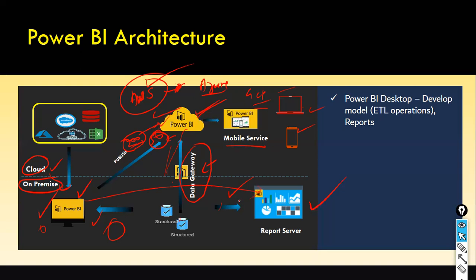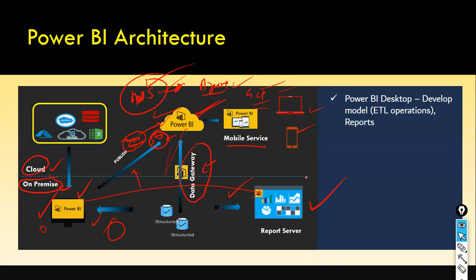The data we use in the reports is highly secure, hence we don't want to publish it on the cloud. Though the cloud service providers promise us that once we publish the data on the cloud, everything is safe, while the reports are being published there could be chances the data can be hacked. It is vulnerable to hacking. In that kind of situation, you can go for the report server.